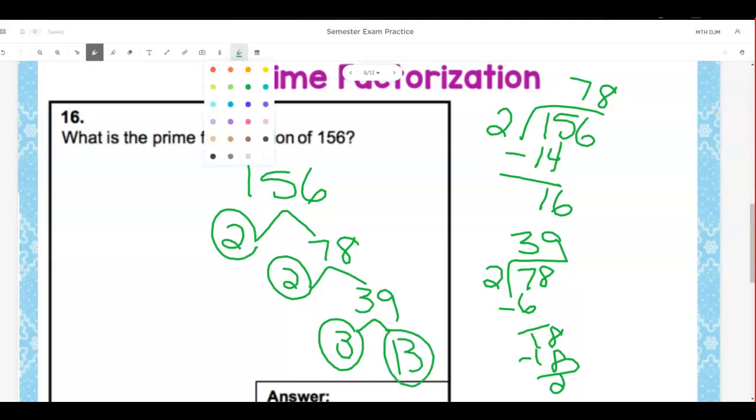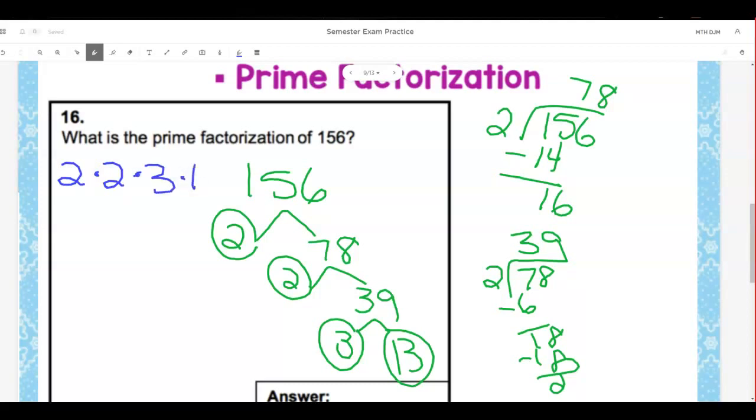Okay, so we broke it down to all its prime factors. Now we're going to write it in expanded form, what we ended up with. We had 2 times 2 times 3 times 13. If I plug that into the calculator and hit equals, I would get 156. But we're not done yet.